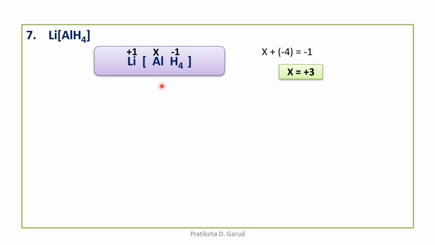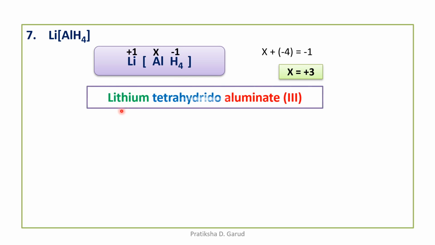That is the aluminate, and with its oxidation number +3, right? So the name is lithium tetrahydrido aluminate +3.